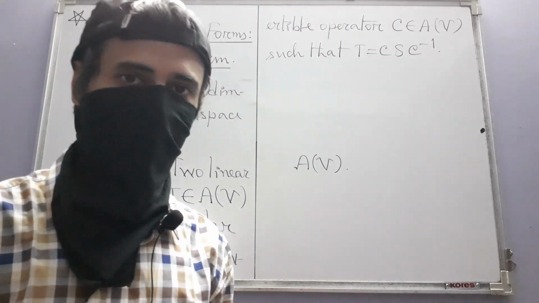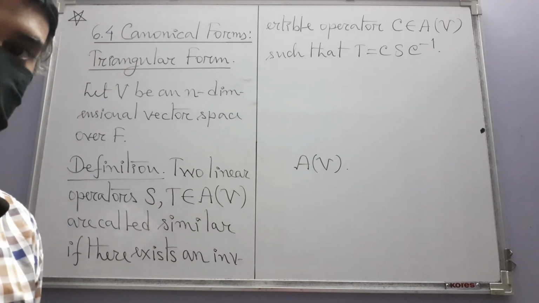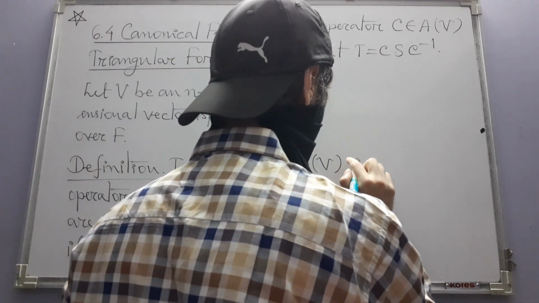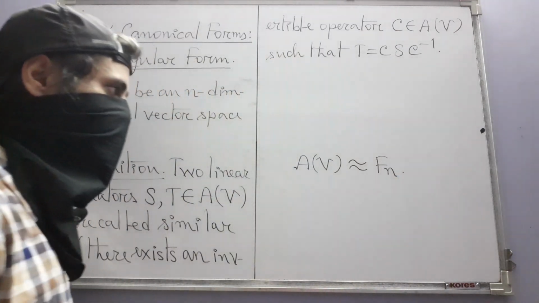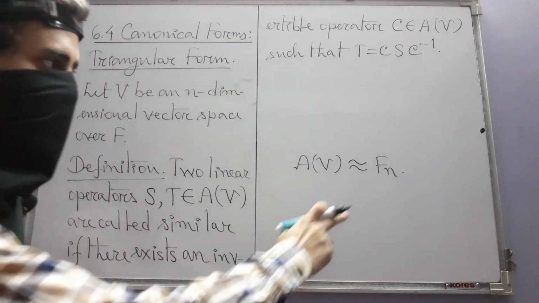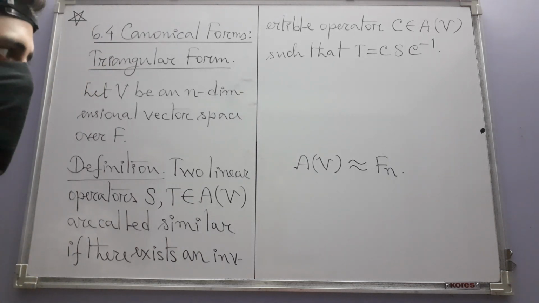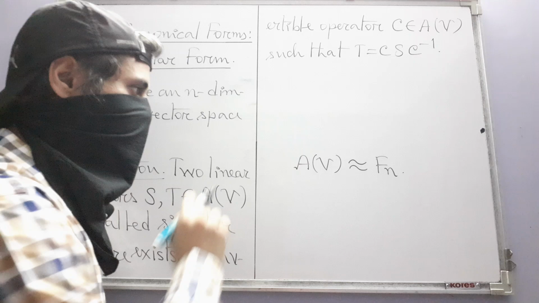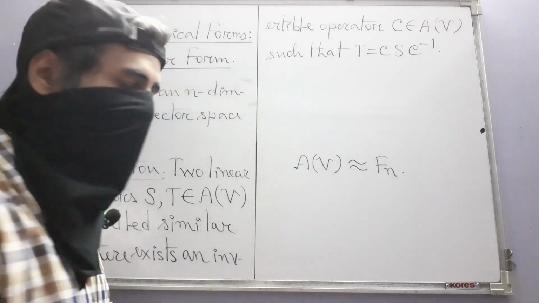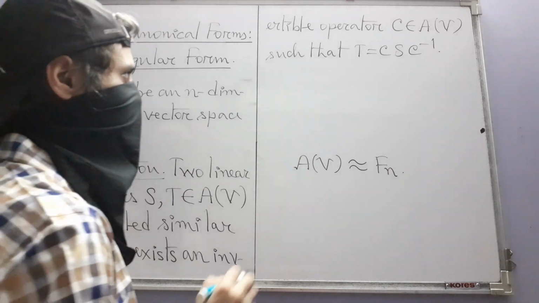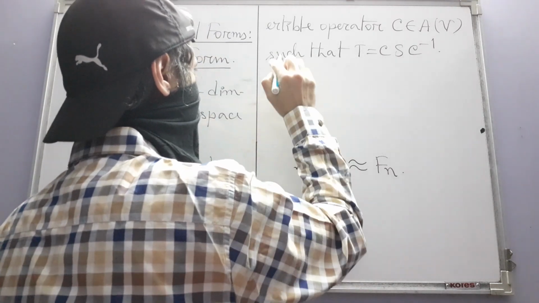Now we already know that this operator algebra is isomorphic to the matrix algebra Fn, consisting of all the n by n matrices whose entries are coming from the field F. So, using this, we can similarly define similarity of two elements in Fn, that is two n by n matrices, like this.